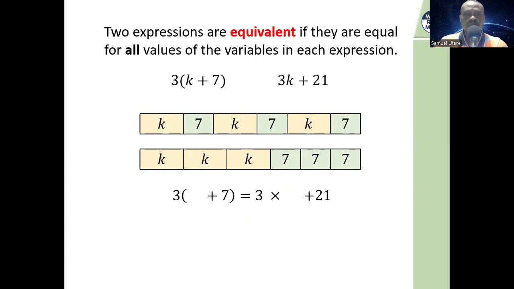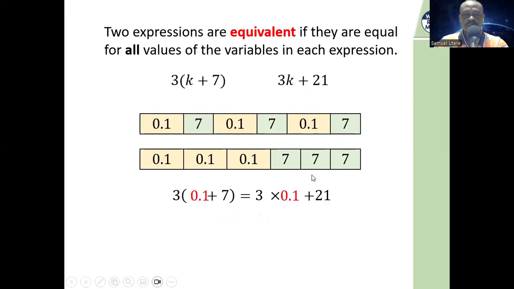What if we put in 10? They're equivalent. So remember, expressions are equivalent if they are equal for all values of the variables in each expression. So regardless of the value we put in to the left or to the right, we get the same result.